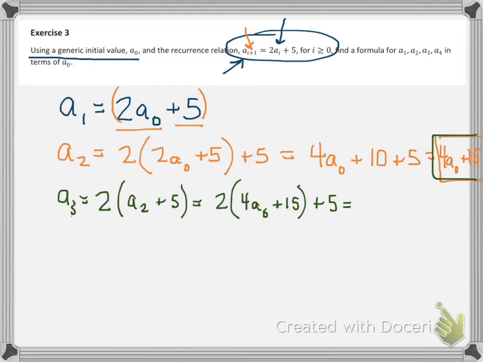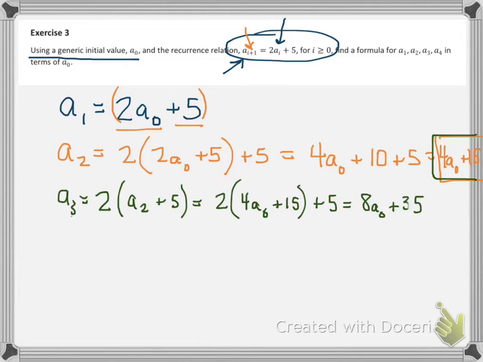And let's see where that gets us. That gives us 8a sub 0 plus 30 plus 5, which would be 35. So let's just back this up, make this a 35. 8a sub 0 plus 35 is a sub 3.